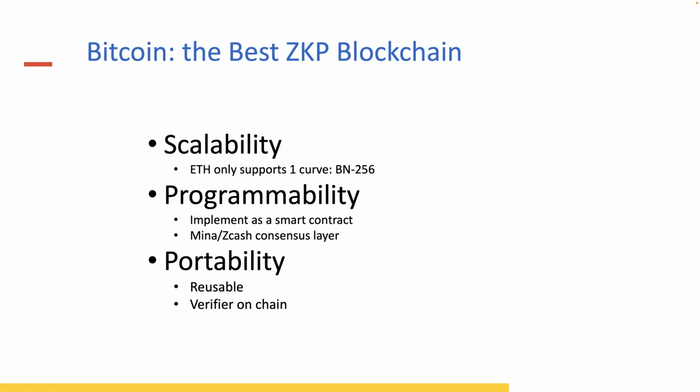Think about the cost. I think we can push it even smaller. But even given what's available today, you can verify the same thing using either $10 or 1 cent. I'll let you be the judge. Do you want to spend $10 to verify one proof, or just 1 cent? It's the same thing.